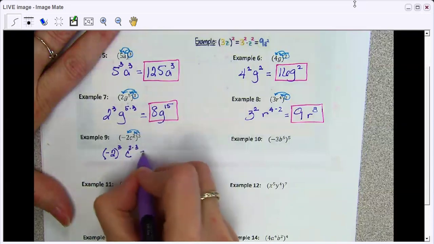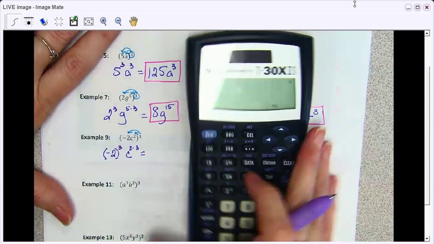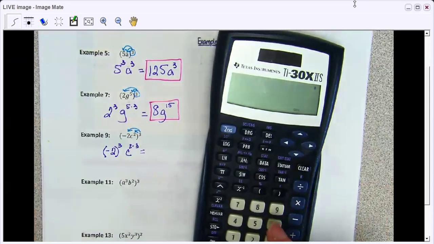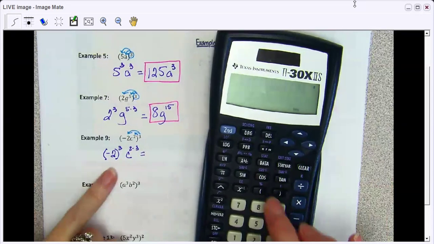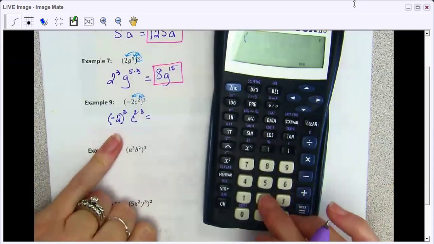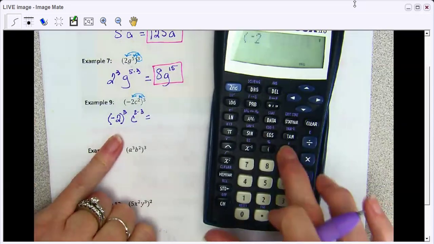Okay. Now, if you use your calculator, I'm going to show you how to plug this in. You're going to use your parenthesis. So you have to open up your parenthesis, and then you're going to plug in -2. Now remember, don't put in a minus sign. That will not work. You're going to use the negative symbol. So -2, and then you're going to close your parenthesis.